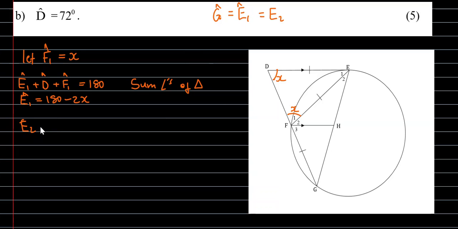is equal to, plus angle G, this angle and this angle, angle G are both equal, right? When you add them together, they're going to give you F1. Why is that?